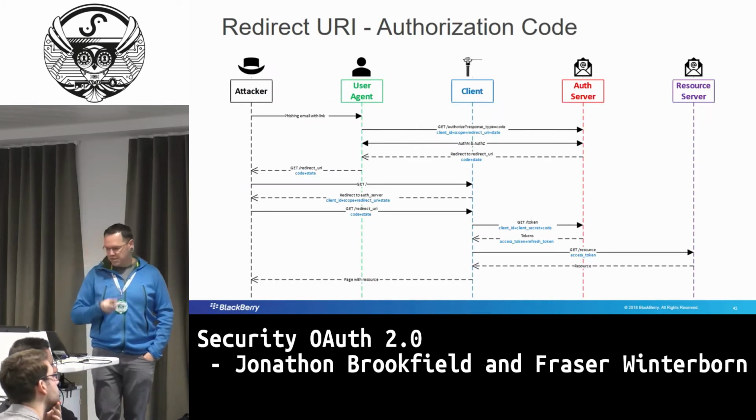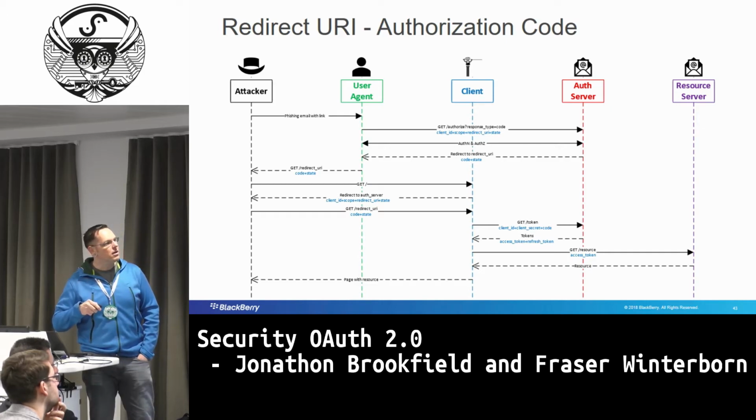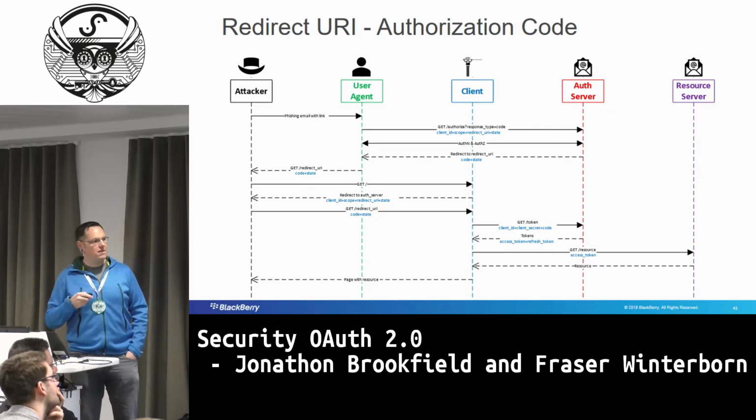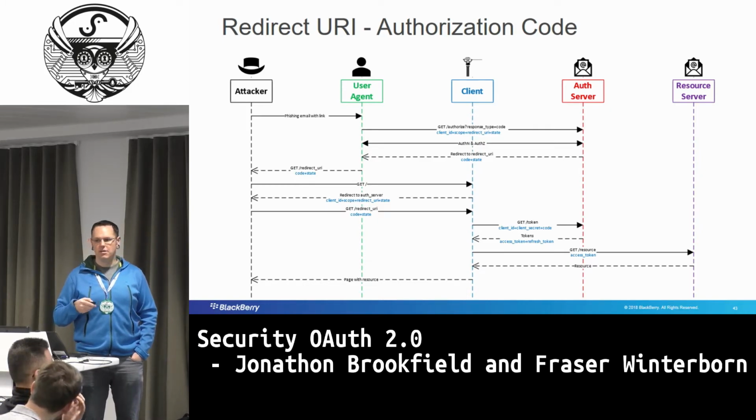So for the authorization code, the attacker sends a phishing link to the user, and that looks like a standard request to a standard OAuth flow for a trusted client. Worst case scenario, if the user is already logged into the client, all of this could actually happen in the background without the client knowing.